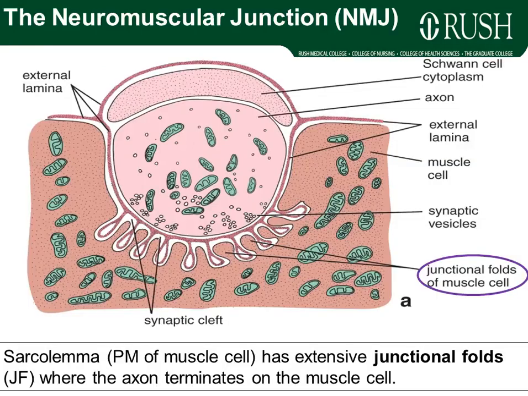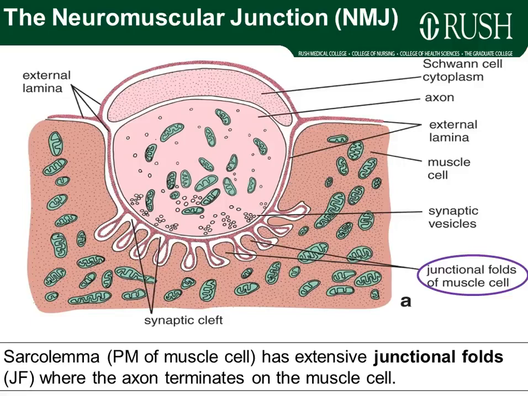So this neuromuscular junction has very specific structural features. First of all, the axon is covered by Schwann cell cytoplasm all the way down its length, but not where it contacts the muscle fiber. So it pretty much ends its covering at that point where the muscle and axon meet. That axon terminal interfaces with the muscle, has a lot of energy-producing mitochondria as well as numerous synaptic vesicles inside of it.